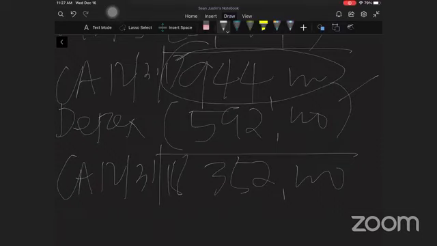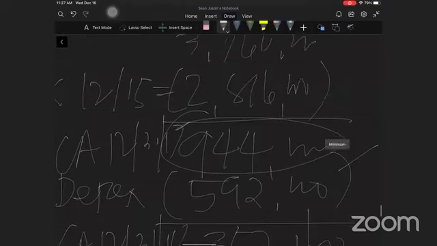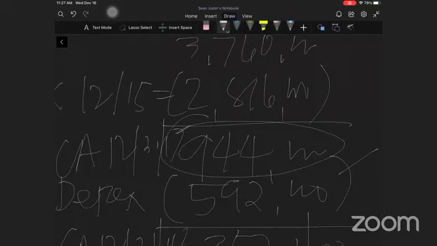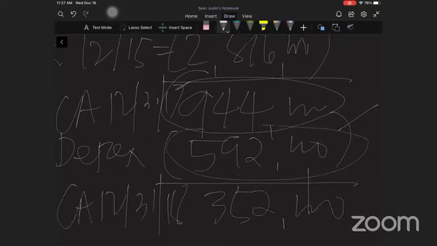So how much is your accumulated depreciation? That is 592,000 plus 2,816 plus 592, and the answer is 3,408,000. Therefore, the answer for number 1, depreciation expense, is 592. This is number 1.